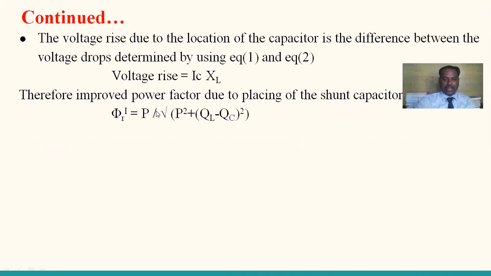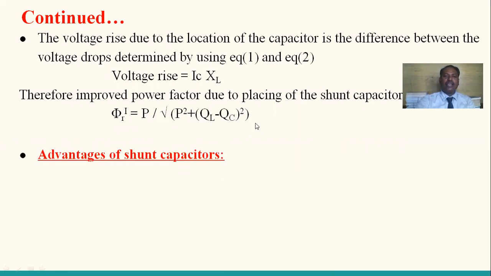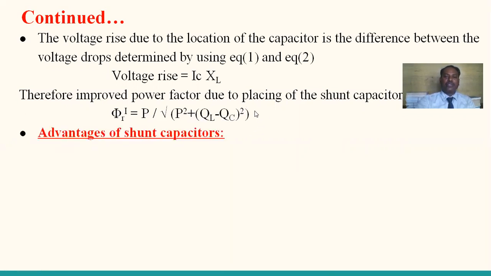So P divided by square root of P square plus (QL minus QC) whole square. So due to the capacitor reactive power, the denominator is reduced, resulting in this parameter being increased. This is the way the capacitor has improved the power factor with the help of the static capacitors.